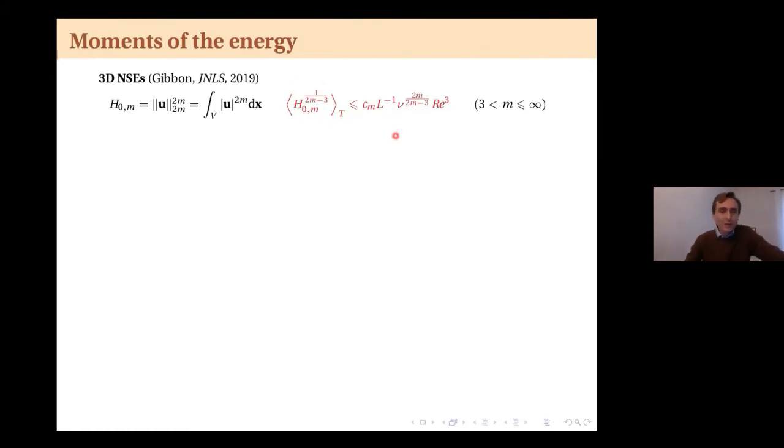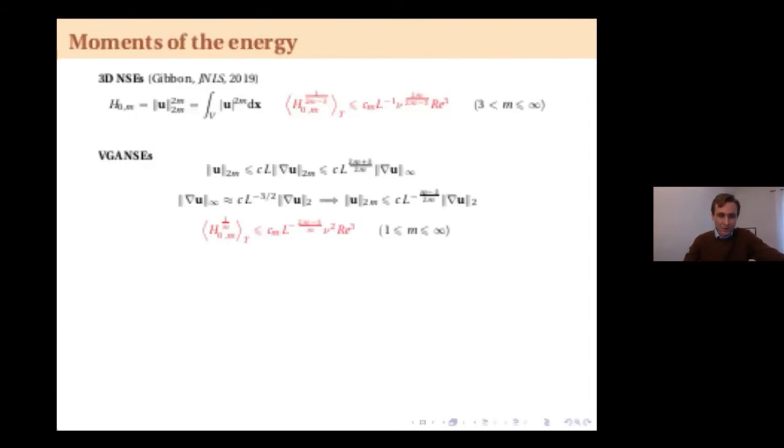If we take our velocity gradient averaged Navier-Stokes equations, we can calculate the 2mth moment of u, use the Poincaré inequality, and use the dominance between different norms to reach this point, where we can then replace our constraint, our assumption, which leads to this inequality, which is a kind of generalized Sobolev inequality, in the sense that the Sobolev inequality would hold only for n equals 3.